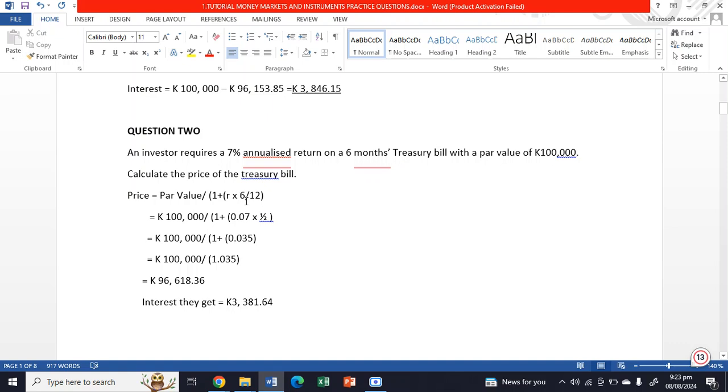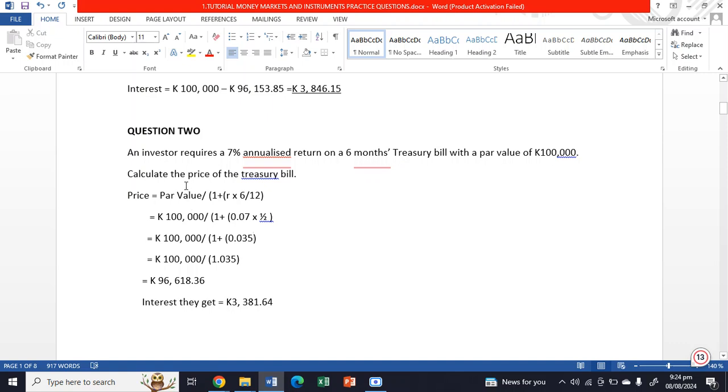All right. So this 6 over 12, you multiply it by 0.07, which you get 0.035. So the return you'll get for holding this treasury bill for 6 months is 3.5%. But if you hold it for a full year, it will be 7%.